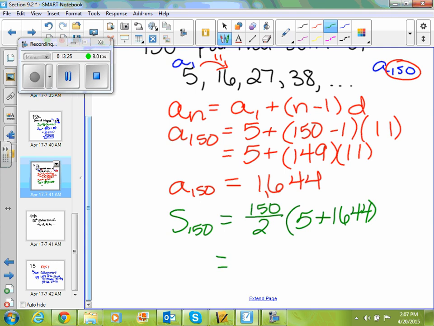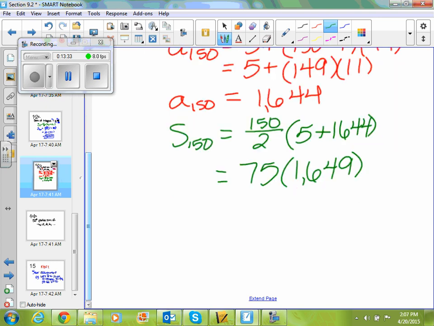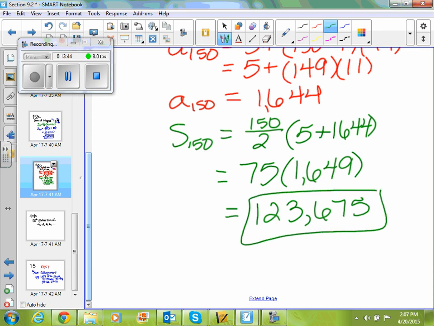Okay, well, 150 divided by 2 is 75. 5 plus 1,644 is 1,649. So my partial sum would be 123,675.